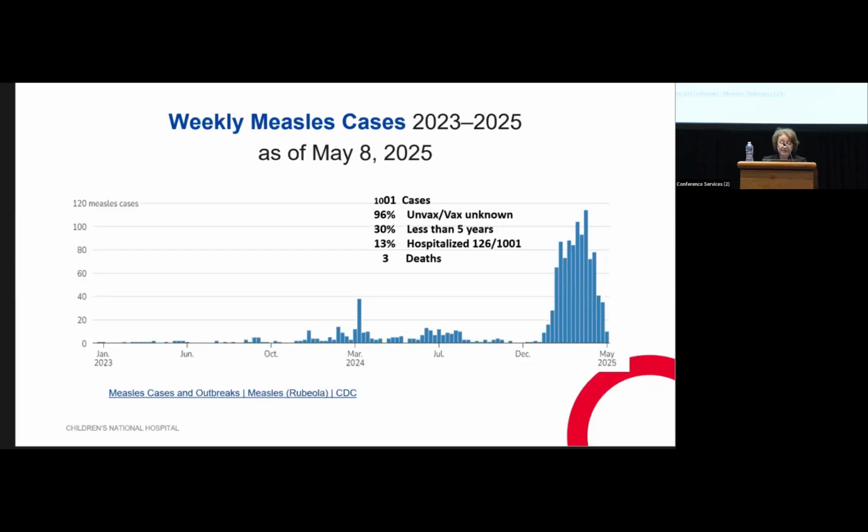Approximately 96% of these people have been unvaccinated, or their vaccination status has been unknown. About 30% of these cases have occurred in young children less than 5 years of age. 13% have been hospitalized, meaning 126 people have been in the hospital with measles, and we've had 3 deaths.